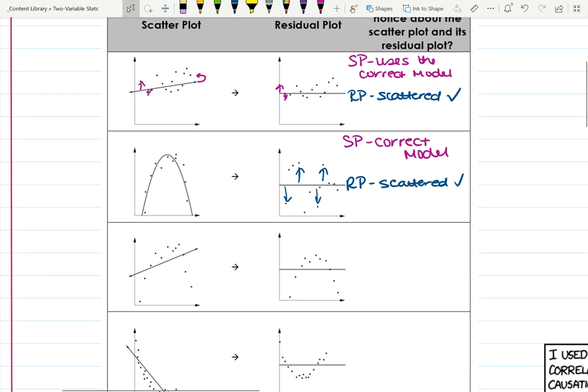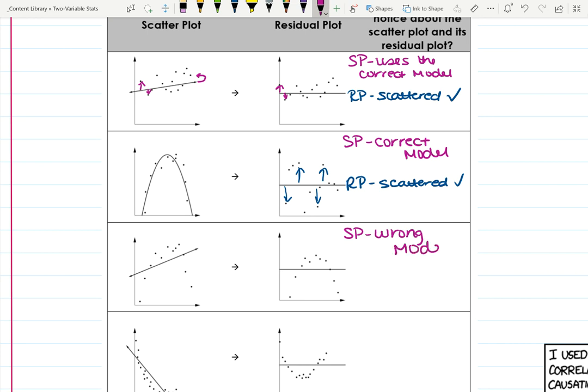Now let's look at something that does not fit. So this scatter plot right here, if we go up, we go back down. That is definitely a quadratic. It's a parabolic shape. However, they fit a line to the data. Well, that doesn't make sense. So our scatter plot definitely has the wrong model.